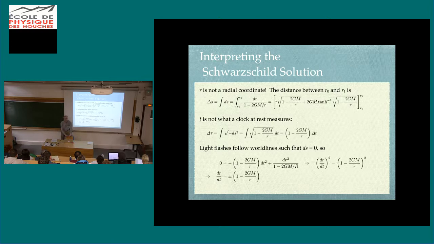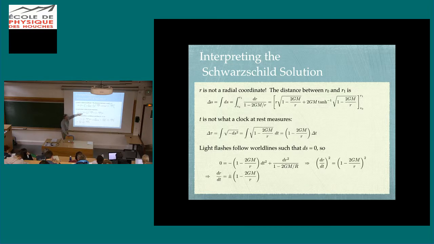Kind of ugly, nasty, but Wolfram Alpha can handle that. So that's not equal to r1 minus r0. So our coordinate here is not a radial coordinate. And t is not what a clock at rest measures.